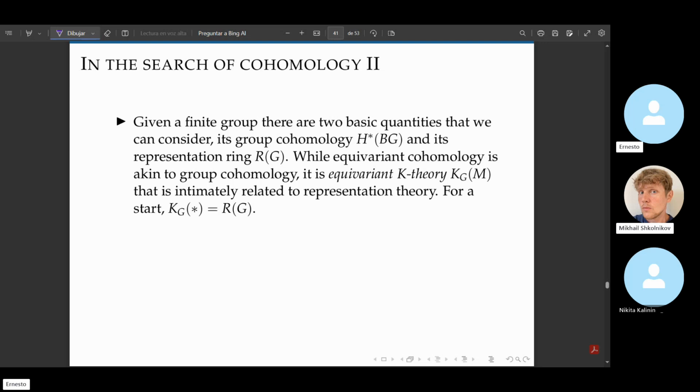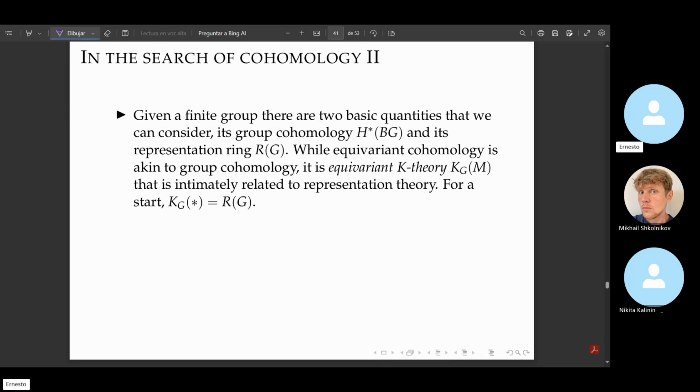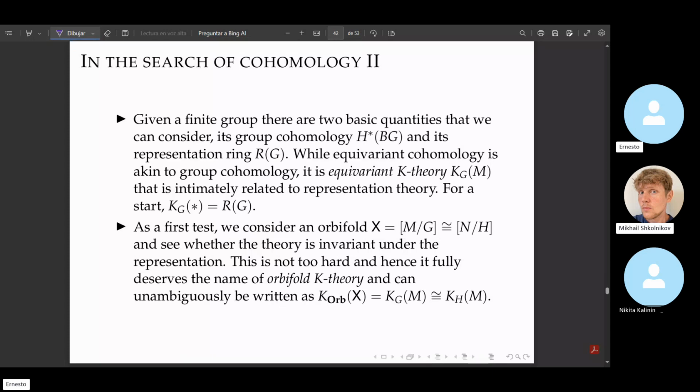It's a ring. It's no longer just a vector space. It's a bona fide ring. So one would say, well, maybe why not? What if I use equivariant K-theory?